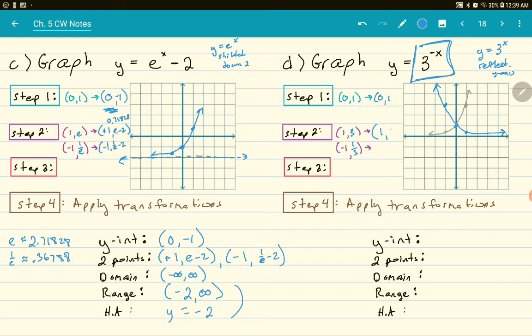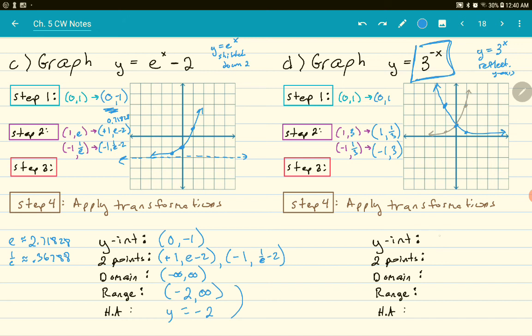So 1 maps to 1/3, and negative 1, when I plug in a negative 1 there, I get 3 to the 1, which is 3. So that's where I got this point and this point. And then step 3 is drawing in that smooth curve. I'll go ahead and erase that. Well, I guess I'll leave that gray function there. I kind of like seeing that.